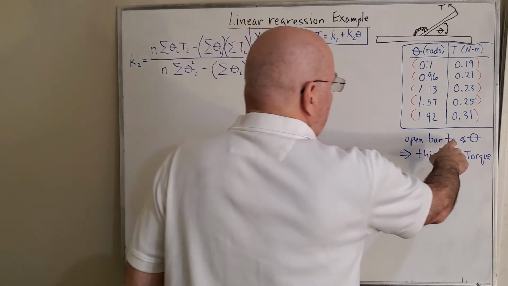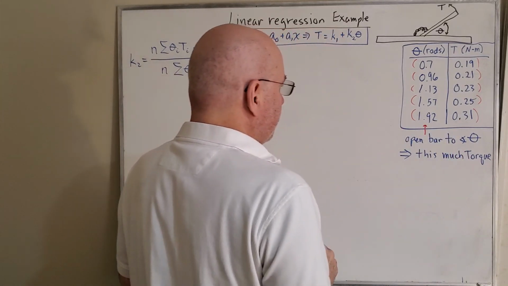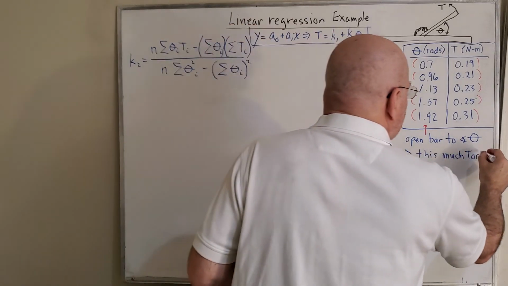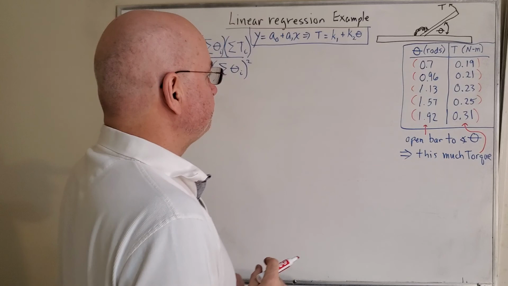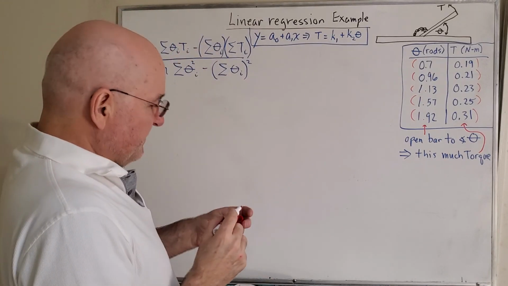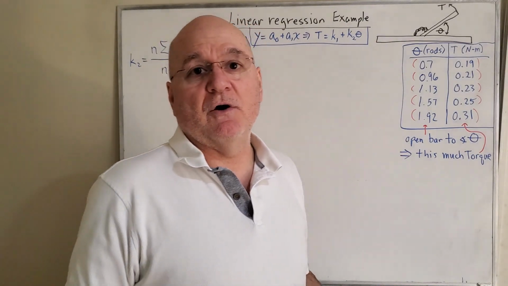So you open the trap to angle theta, that's this column, the angle. That implies this much torque required. That's the second column. And you might think, well, why don't we include one more point, 0, 0?